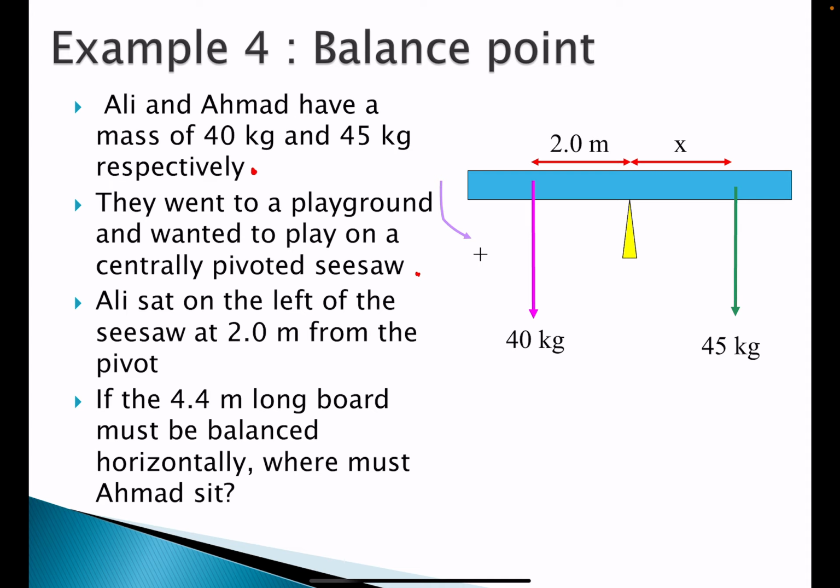Ali sat on the left of the seesaw at 2.0 meter from the pivot. If the 4.4 meter long board must be balanced horizontally, where must Ahmad sit? So you must read the question carefully and you will be able to answer the question. Taking into consideration counterclockwise is positive, you can solve this.